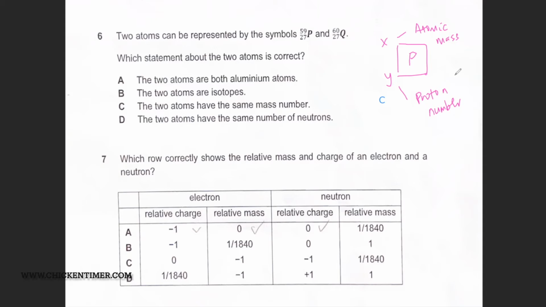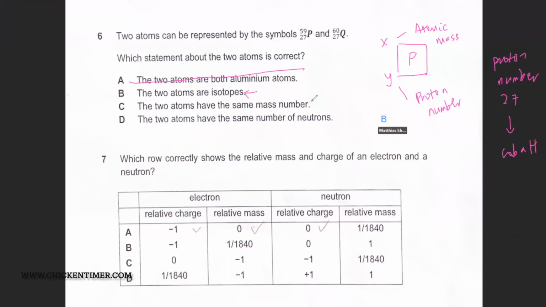So I looked up the periodic table and 27 is the proton number. Proton number 27 is cobalt. So the 2 atoms are both cobalt atoms. This one is out. So it's B because they have different mass numbers.